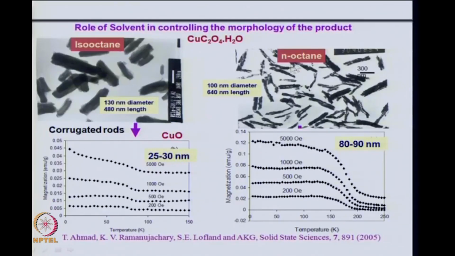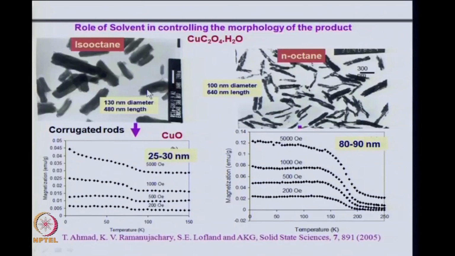In n-octane you see much smaller ones; the diameter here is much larger, the aspect ratio is larger here, and these kinds of effects in controlling the morphology can be seen in all such nanostructured materials.